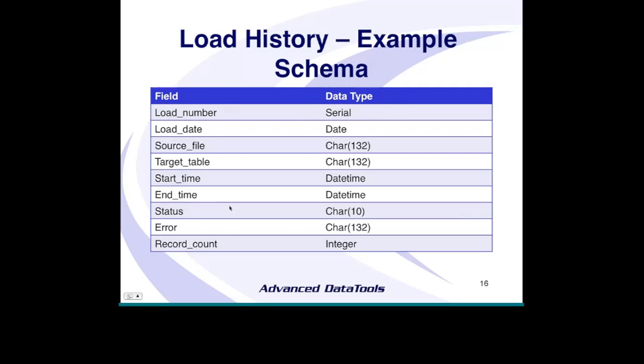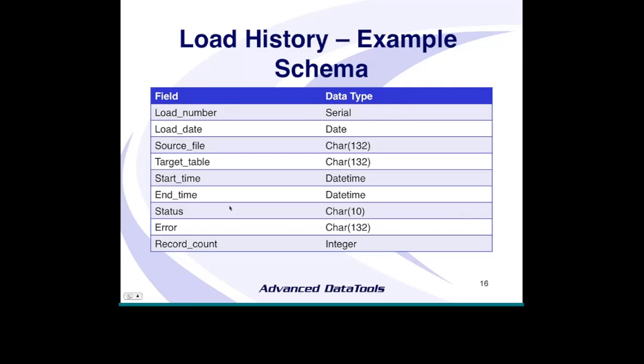This could be a code that you make up, and it could be very simple as OK or error or pending or in progress. And then you have some kind of error records so that you can identify loads with records with errors, and then you have some kind of record count.